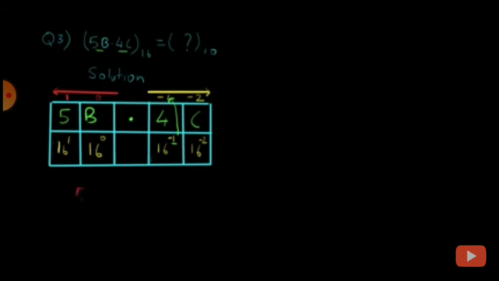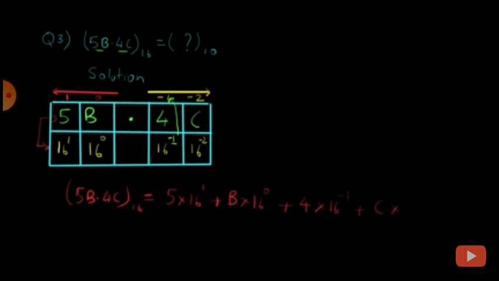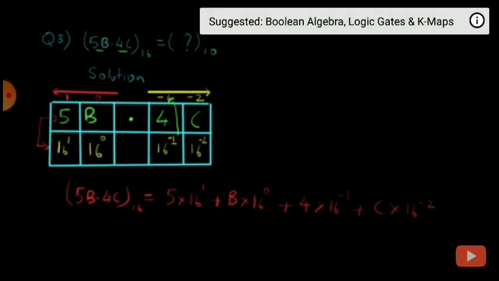So the decimal equivalent of this hexadecimal number 5B.4C is equal to the sum of multiplication of these two values, that is 5 into 16 raised to 1 plus B into 16 raised to 0 plus 4 into 16 raised to -1 plus C into 16 raised to -2.